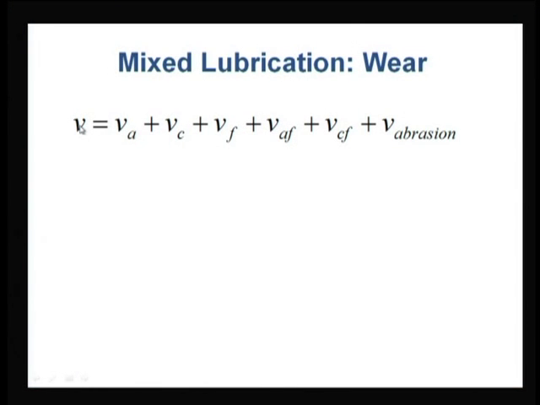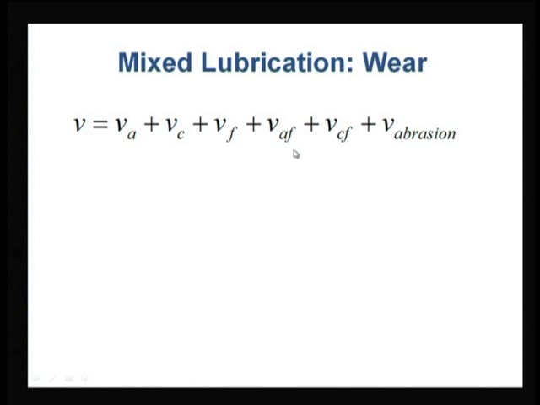So what we are writing in this case is that the volume wear per unit sliding distance is contributed by V A, the volume wear due to adhesion, plus the volume wear because of corrosion, and the volume wear because of fatigue, and there is a possibility of interaction.